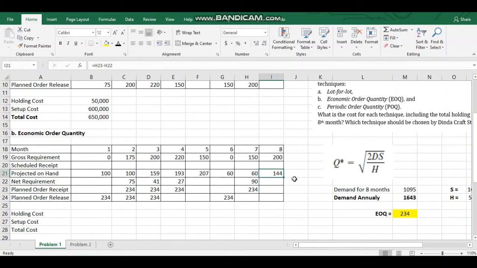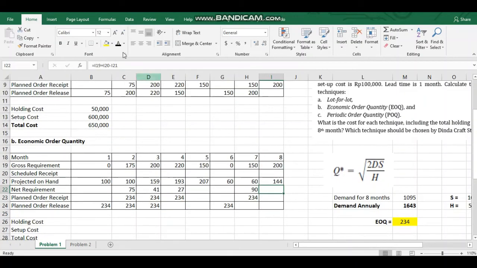Okay, so this is 144, while the requirement for the 8th month is 200, so we still have to fulfill our net requirement as much as 56 units, and that's why we have to place an order, and it will arrive here.